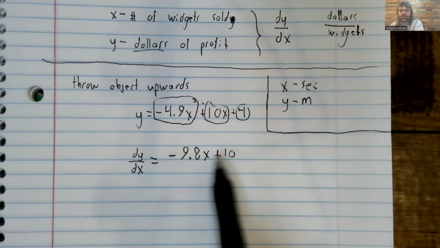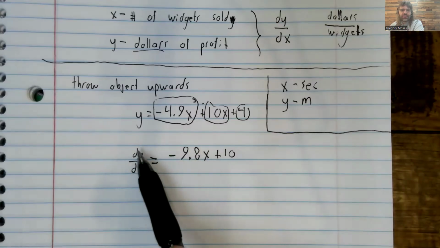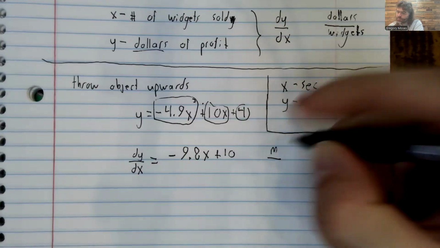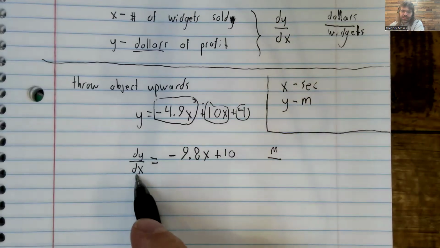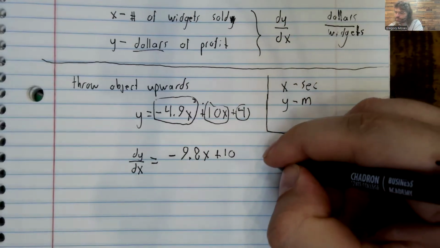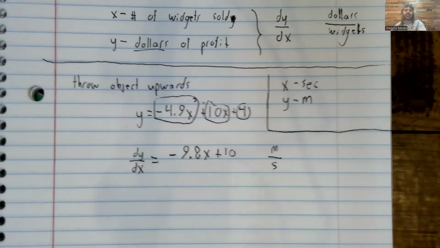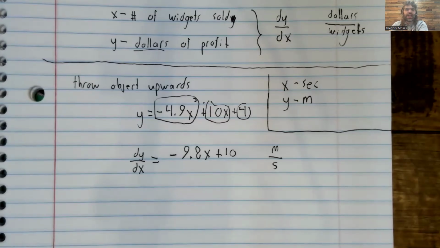So the unit that this is taking on is meters per second. The unit of y divided by the unit of x.